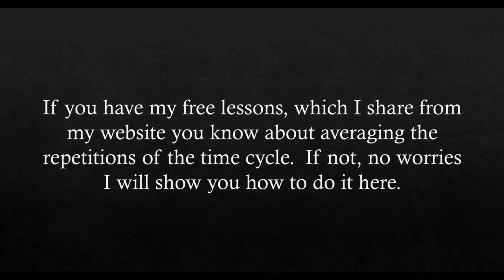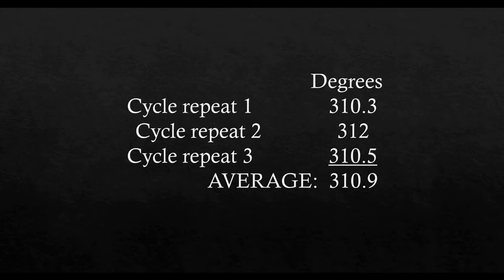If you have my free lessons, which I share from my website, you know about averaging the repetitions of the time cycles, because that's covered in lesson 1 of those free lessons. If not, no worries. I'll show you a little bit of how to do it here. This works from cycle repeats from the past. Cycle 1 repeated, meaning the turn occurred at 310.3 degrees.